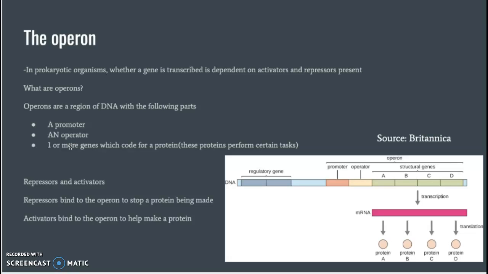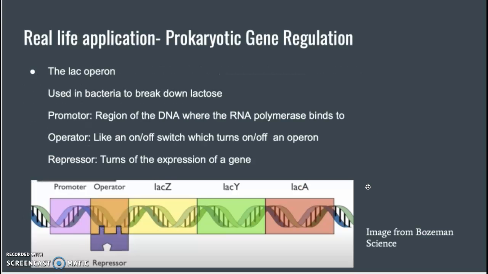In prokaryotic organisms, whether a gene is transcribed is dependent on the activators and repressors that are present. So what are operons? Operons are a region of DNA with the following parts: a promoter, an operator, and one or more genes which code for a protein. And so repressors bind to the operon to stop a protein from being made, and activators bind to the operon to help make a protein.